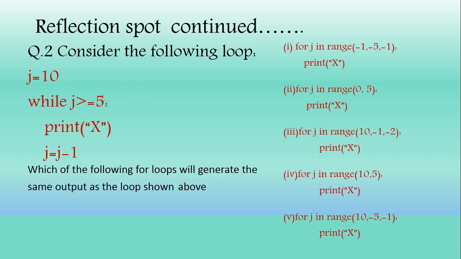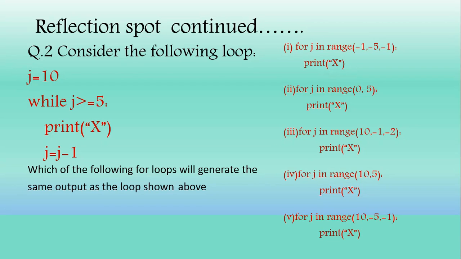Similarly, the next question: consider the following loop. For solving this question, you must have prior knowledge of using while loop. The loop is j equals 10, while j is greater than or equal to 5, colon, print x, j equals j minus 1. You have to convert this loop into a for loop, and you have to find the correct option which will print the same output as will be printed by this while loop.